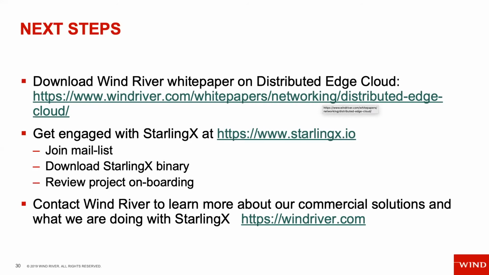Or I encourage you to go directly to StarlingX at www.starlingx.io, join the mailing list. You can download the binary. You can look at the project onboarding, the documentation, or contact anyone at Wind River to see more about what we're doing with StarlingX and how we're using StarlingX to provide commercial edge cloud platforms.